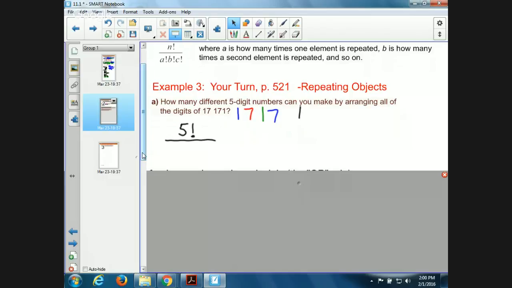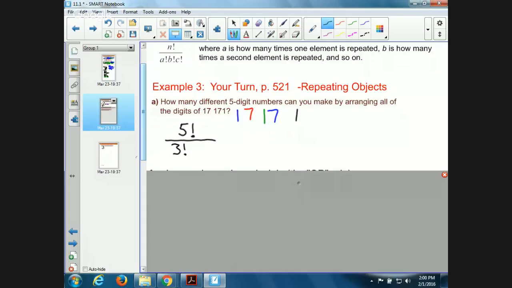The ones in any given arrangement, you have 3 ones to choose from for this one, 3 ones to choose from for the second one, 3 ones to choose from for the third one. You have 3 times 2 times 1 in any given arrangement. 3 factorial is how many times you're going to repeat the ones if you traded them all around.